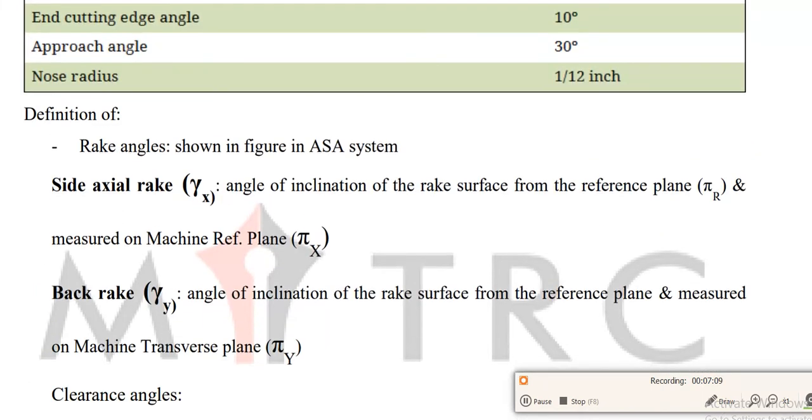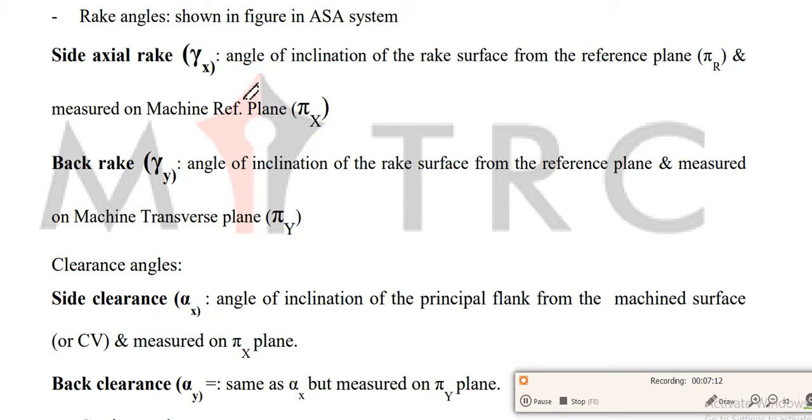Now further, if you are moving to the definition of rake angle shown in the figure in ASA system, we can say that side rake, that is denoted by gamma x, is the angle of inclination of the rake surface from the reference plane pi r and measured on machine reference plane pi x.